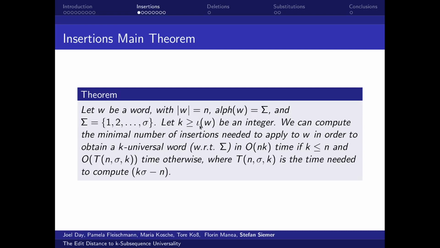If k is larger than n, then each letter of our original word belongs to one arch, and we simply have to insert in each arch the remaining alphabet that is not there yet, and in the end concatenate the whole alphabet over and over again until we reach k-universality.